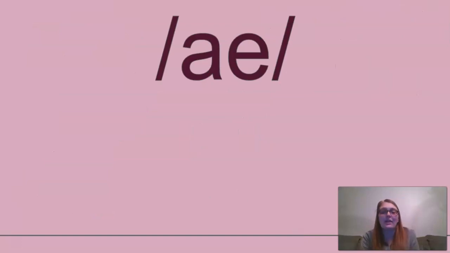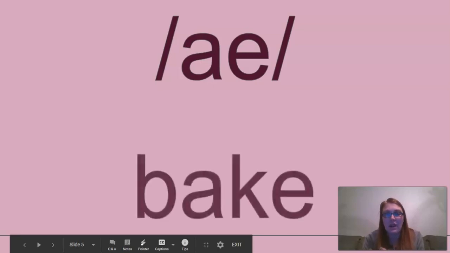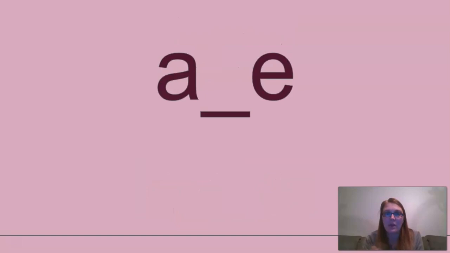Today we're going to look at the long A sound. When you see the two slashes at the top of the screen with A and E inside, that is just telling you the sound A. We have previously talked about one spelling for the A sound, like in the word bake, the A space E, where there's another letter where that space is.